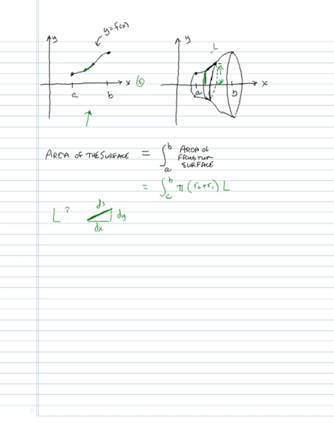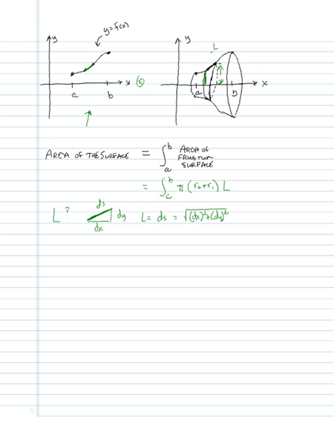Now, we know then that ds, which is actually L, isn't it? ds is the square root of dx squared plus dy squared.